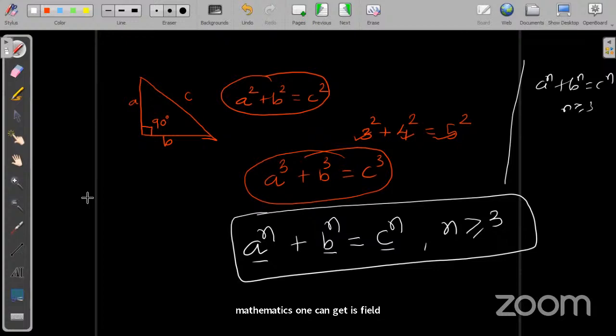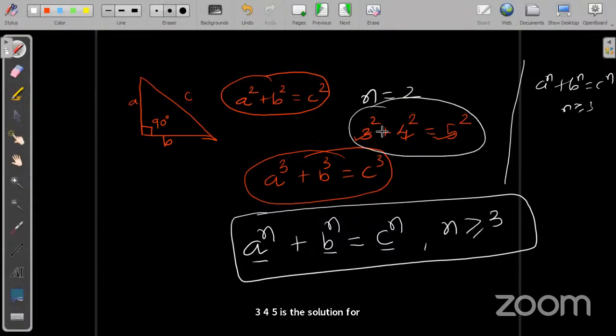So Andrew Wiles is one of the mathematicians who, after 300 years, proved this statement: that there does not exist any a, b, c such that this equation will have a solution. That means for n equal to 2, we have a solution. 3, 4, 5 is the solution for a, b, c, and there are many such numbers.